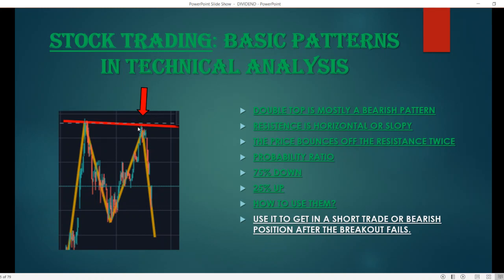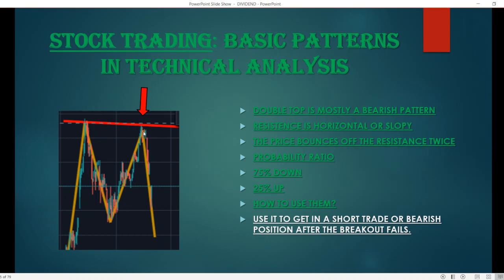If the stock broke above this resistance, this will be an ascending triangle, if you guys remember. But if it doesn't, it will become a descending trend. So this will form the double top. This is the first top and this is the second top.